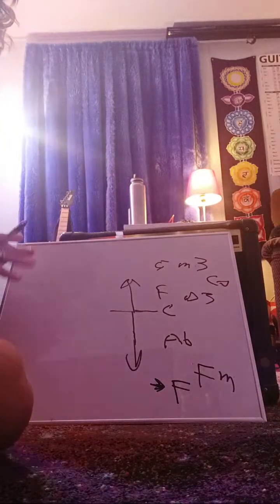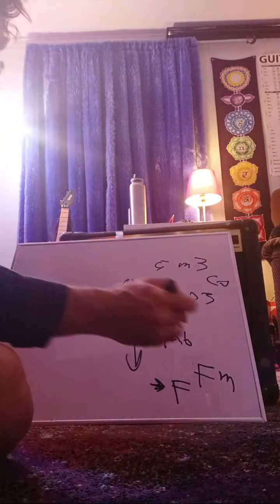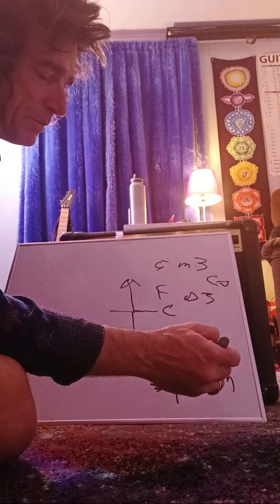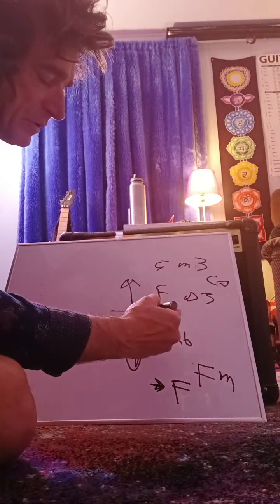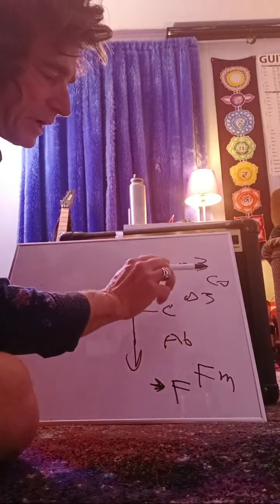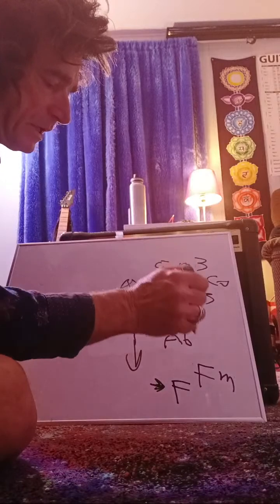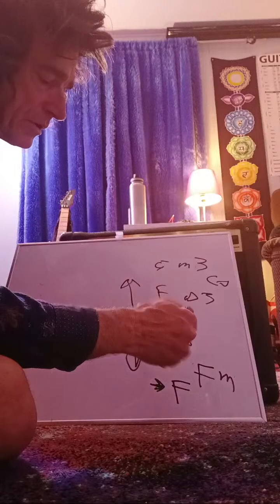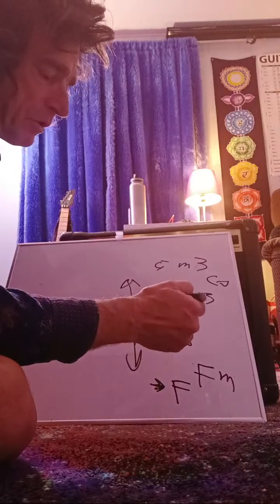So therefore, when you start with a note, you have the major triad on that note going up, and then you have a minor triad, a perfect 5th below that going up, and both those are implied.